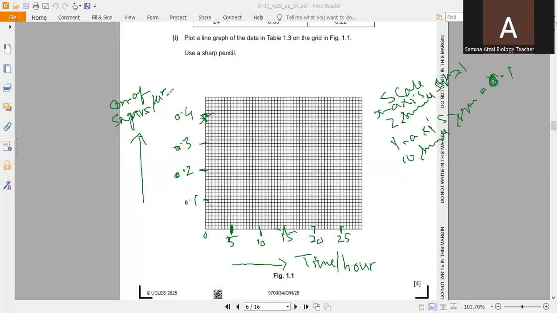The second value is at 5 hours, 0.21. So it will be very close to this one.